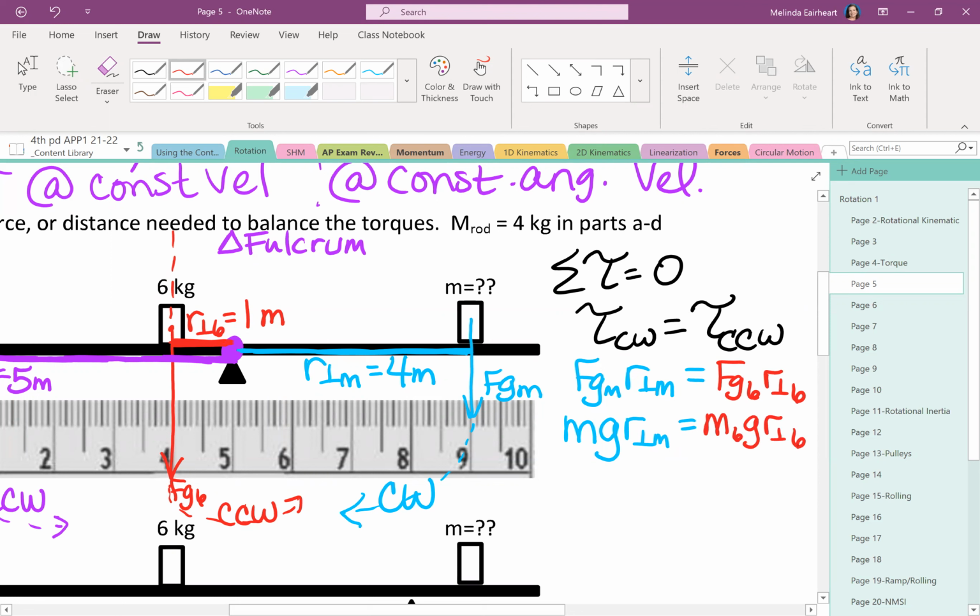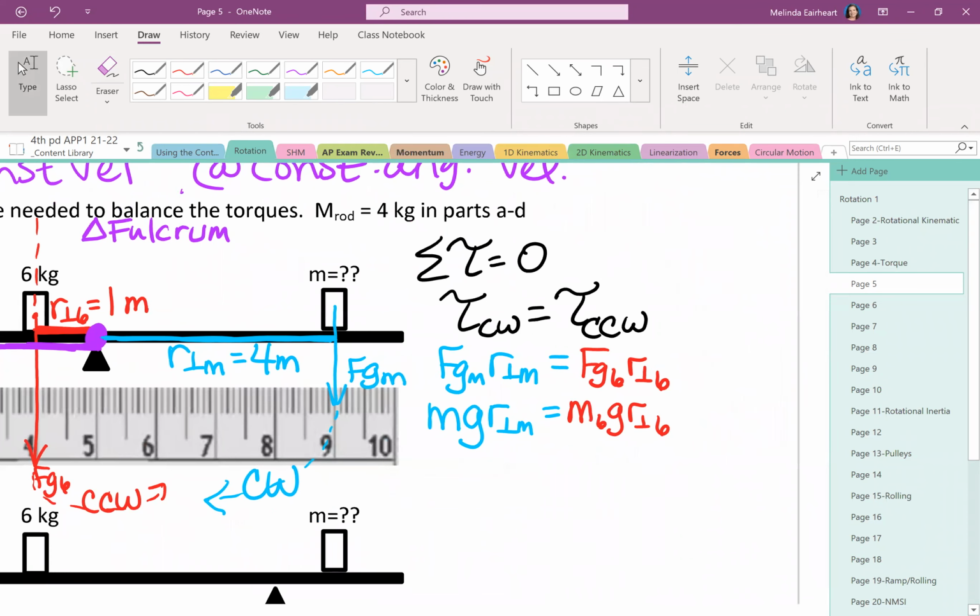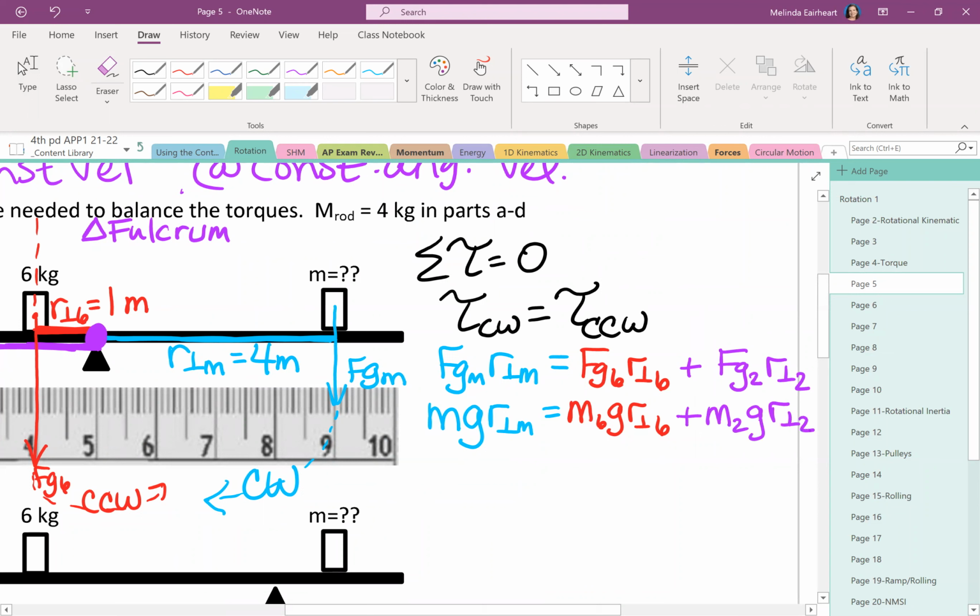And again, 6 is the mass, but I'm trying to stay in variables for now. But that's not the only counterclockwise. We've also got that 2 kilogram. And so plus F_G of the 2 and its lever arm, M2 g and its lever arm.